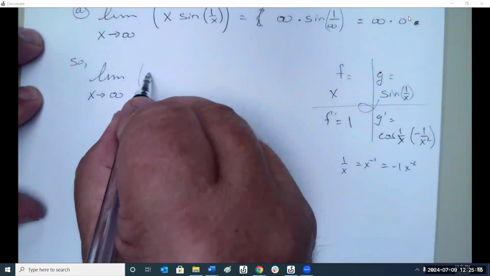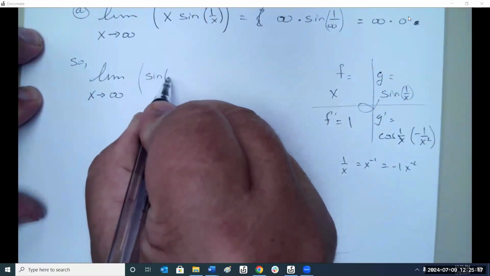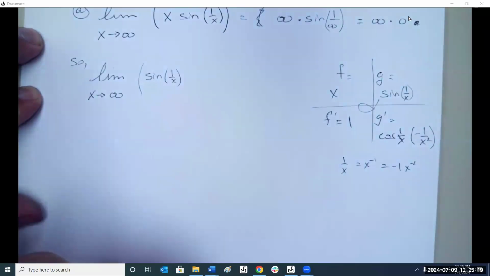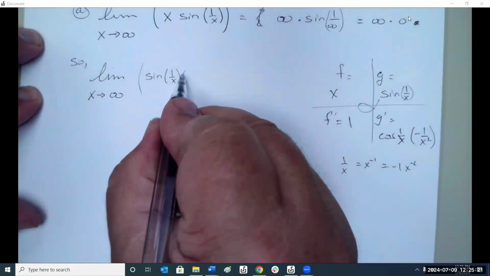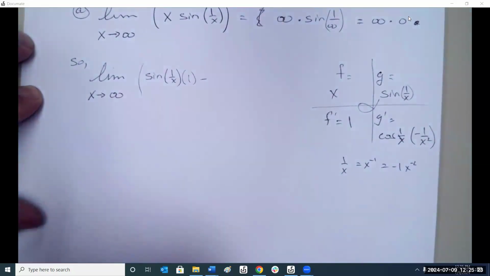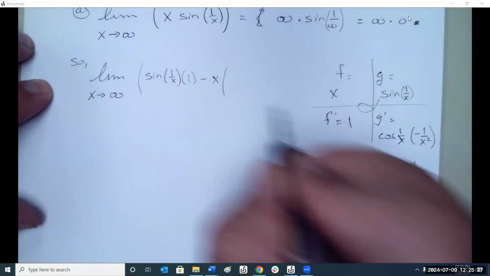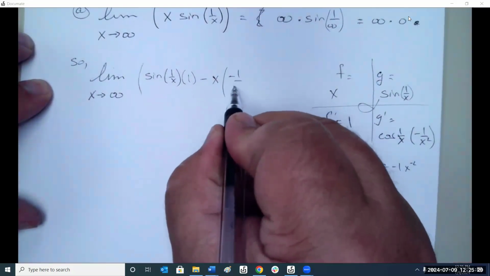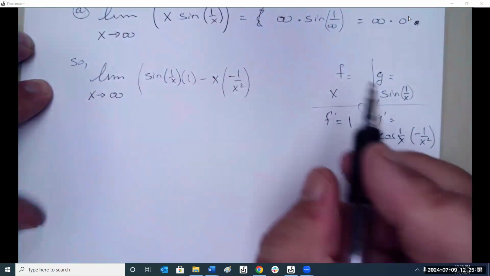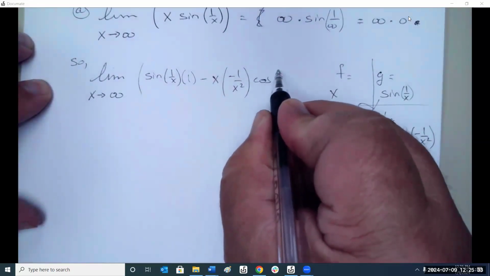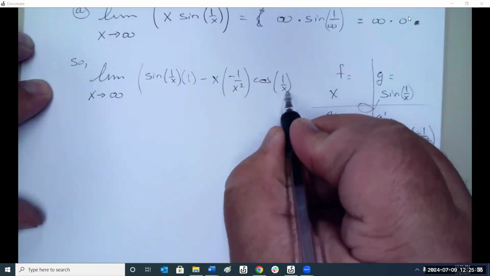So we get sine of 1 over x times 1, minus x times negative 1 over x squared, cosine 1 over x.